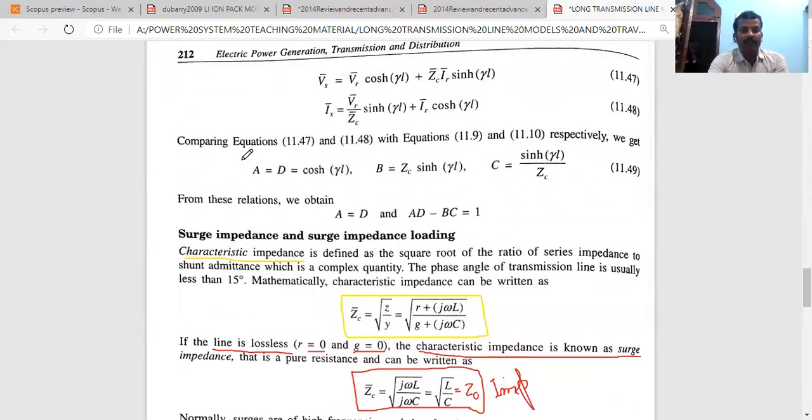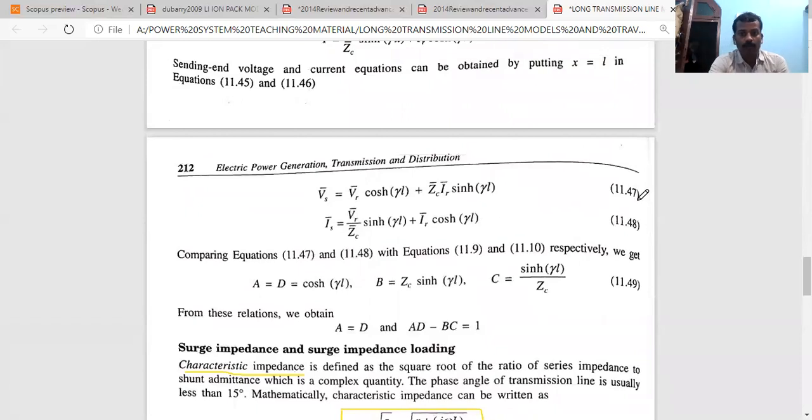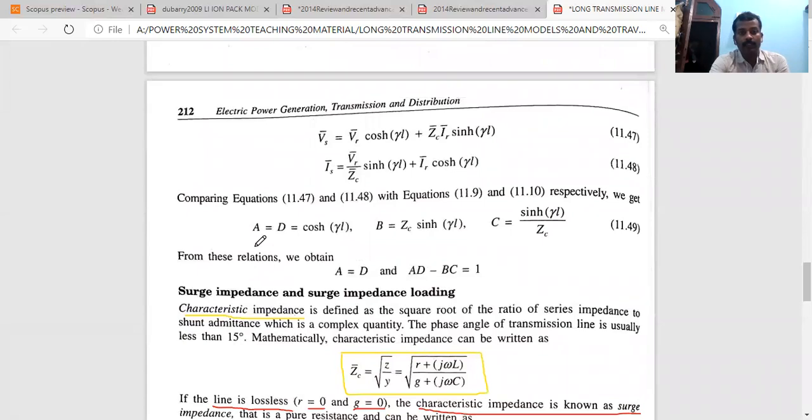Now comparing equations 11.47 and 11.48, we can see that this coefficient of VR and IR will be the coefficient of A, and this will be D, A equal to D. The coefficient of IR will be equal to B, and this coefficient will be equal to C. We can see that AD minus BC will be equal to 1.